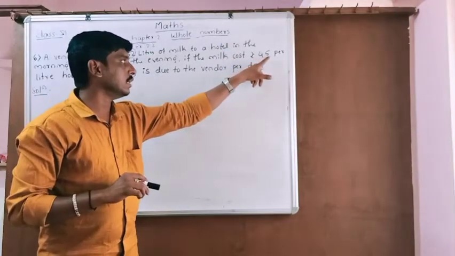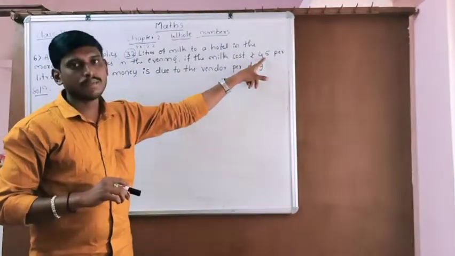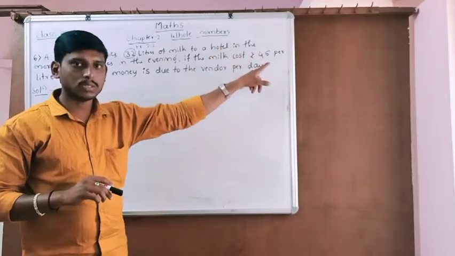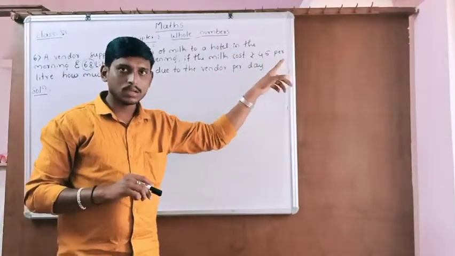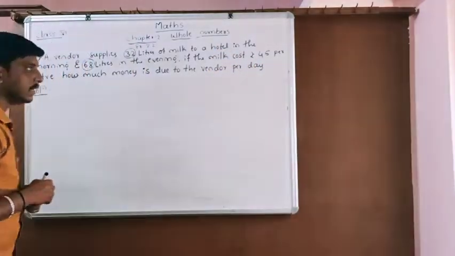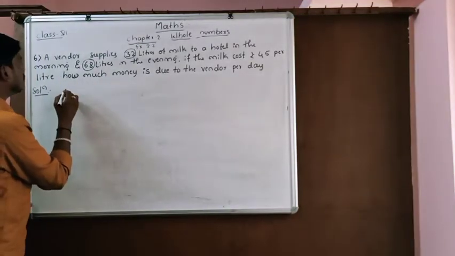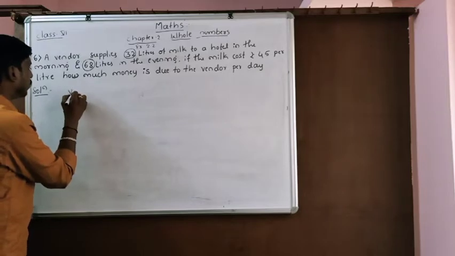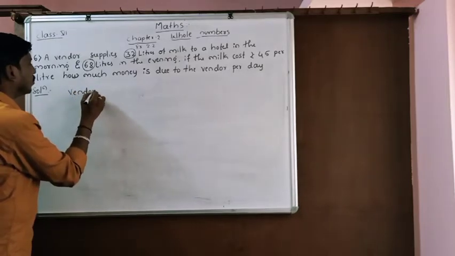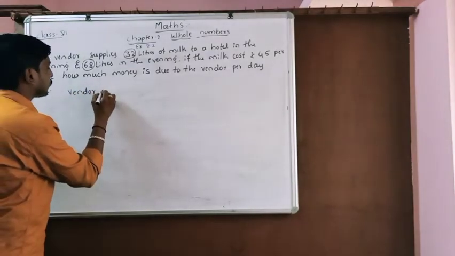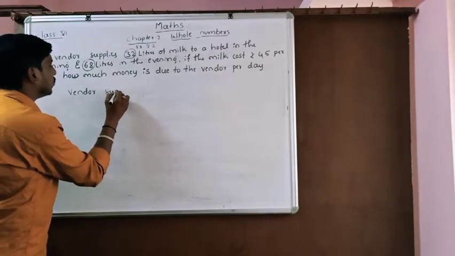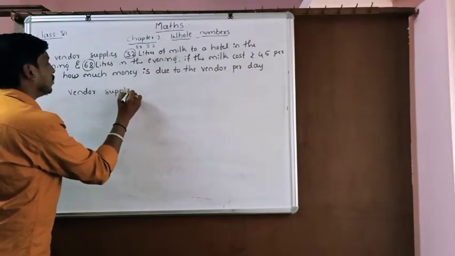For 1 liter the cost is 45. Then for 100 liters, how much total cost? 100 into 45, so the answer is 4500. So how to write mathematically? First you write a vendor supplies milk to a hotel in both sessions.